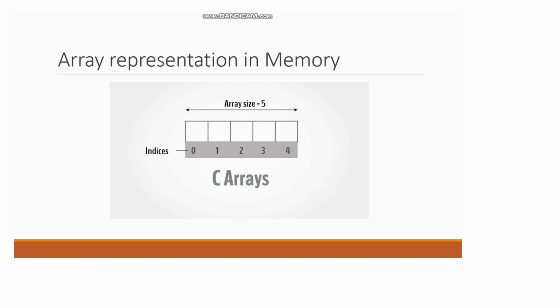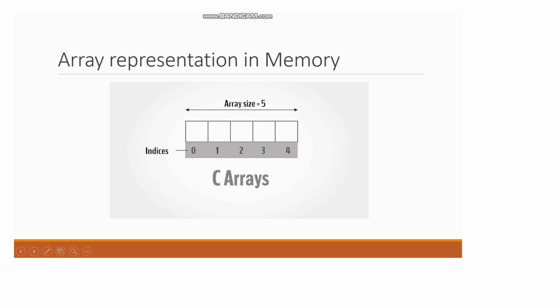So if you are declaring an array, it takes a long run of continuous memory locations, and the starting memory location is indexed with 0, then 1, 2, 3. That means the last index is size minus 1, as your starting index starts with 0.